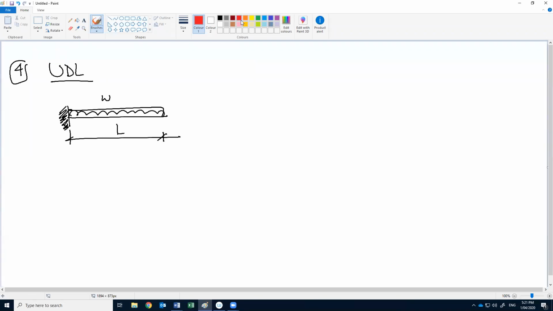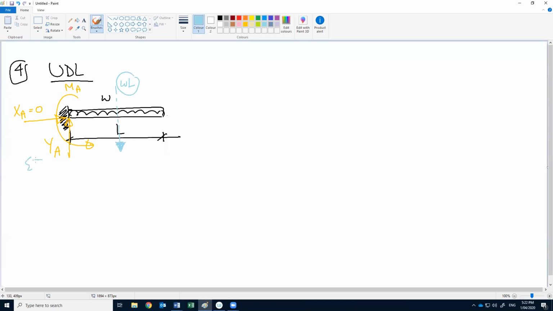How many reactions do we have again here? XA, YA, and MA. This is a fixed support, and we don't have any support at the other end. So YA, MA, and XA. How can we find these reactions? Before that, we first need to concentrate this uniform load as WL, right?